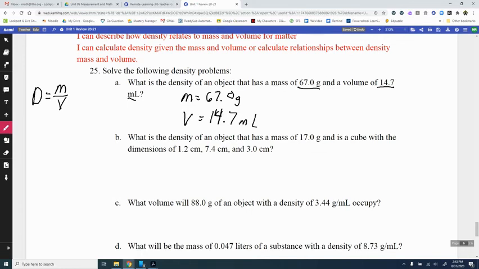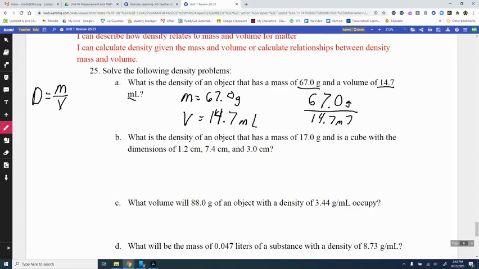Milliliters. Okay, so now, since our formula is just D equals M over V, we put our mass, 67.0 grams divided by 14.7 milliliters.